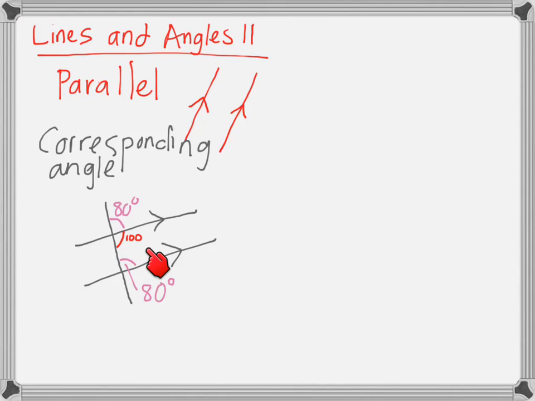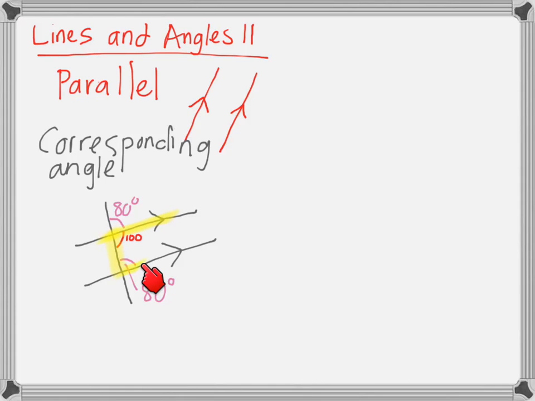If this line and this line are parallel, the angles inside added together should be 180. This is what they call interior angle. Let me highlight: do you see this one?